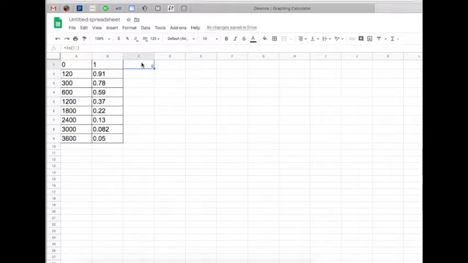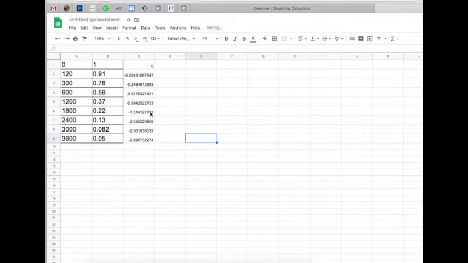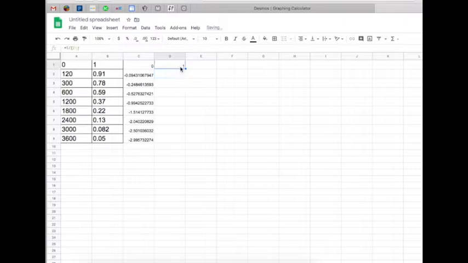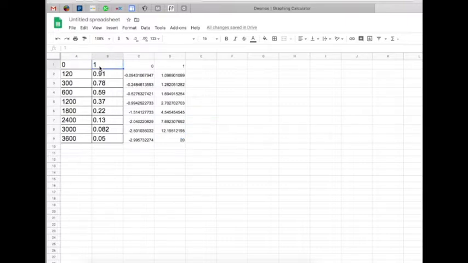I can copy that, paste it down the whole column, and now I have natural log values of each of those. And then what does this column need to be? It needs to be 1 over, so I'm going to say equals 1 divided by parentheses B1, enter. I'm going to copy all of that down. And now you can see that I have time, concentration, natural log of concentration, and 1 over concentration. All right? And these are the things I want to check. So now I have my data fleshed out.